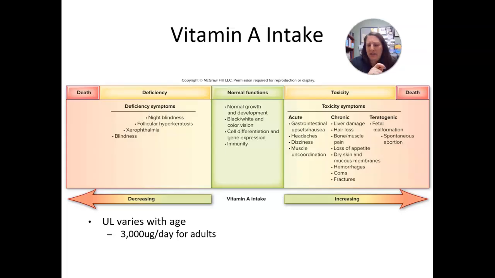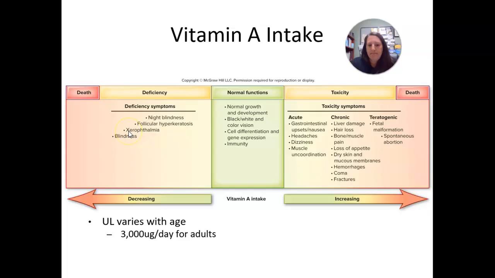You could end up with kind of pussy plugs in those hair follicles, scaly, could be itchy, dry. And so again, individuals, it's uncomfortable. And so again, that's a skin condition. And then xerophthalmia, I always have a hard time pronouncing that. That's just dry eyes.